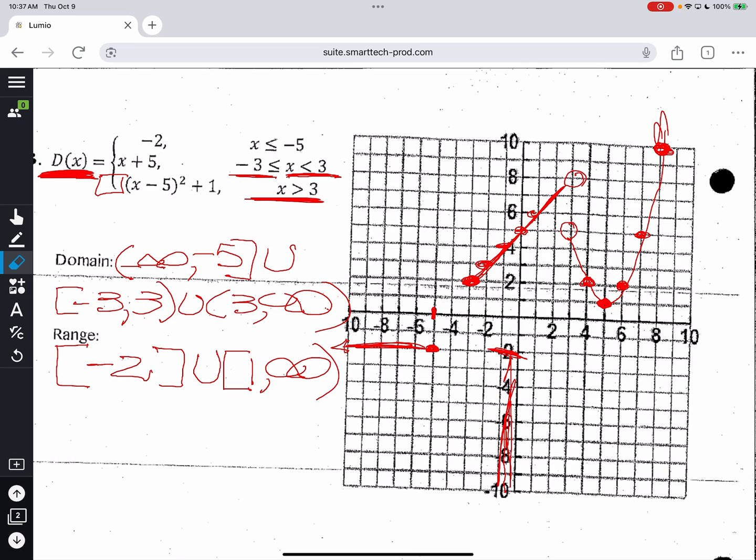I'm going to stop right here, take us to the next part, and then we're going to come back to this sheet, so don't put it up forever. 1 to infinity, because there's something on the parabola right there.